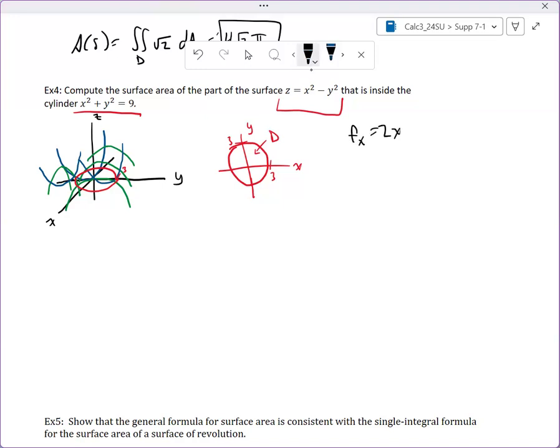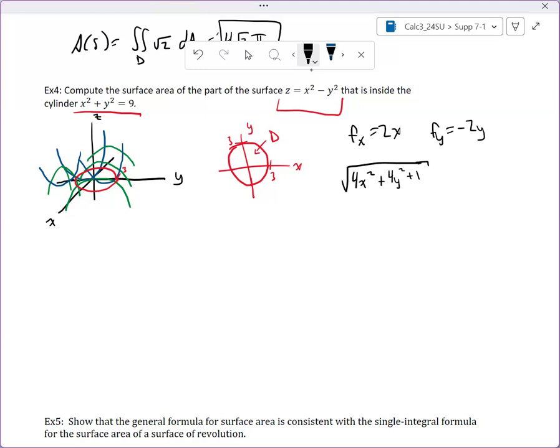So fx is 2x, fy is negative 2y, and my integrand is going to be root of 4x squared plus 4y squared plus 1. And I'm integrating that over this circle.